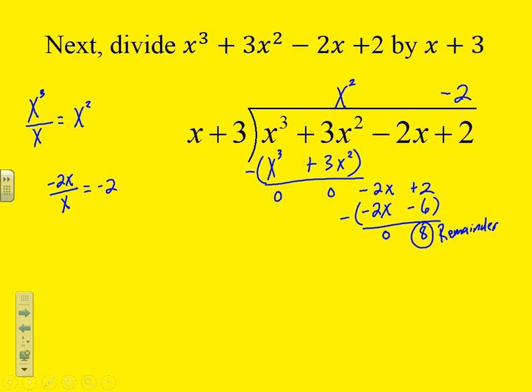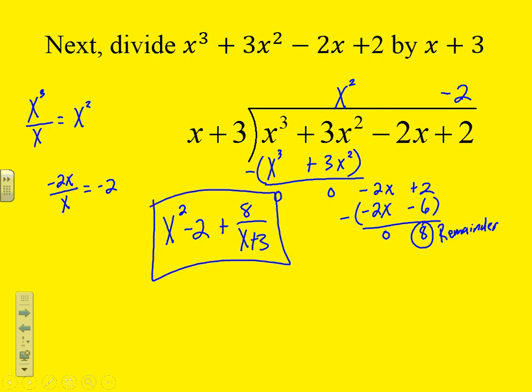So the final solution, the quotient, is x squared minus 2 plus the remainder, 8, over the divisor, x plus 3. So that would be the solution to this example.